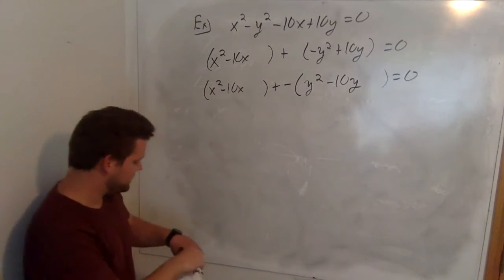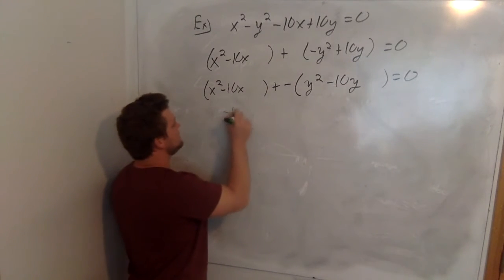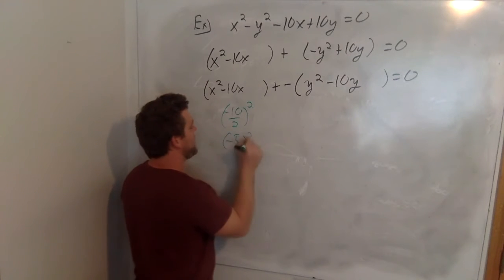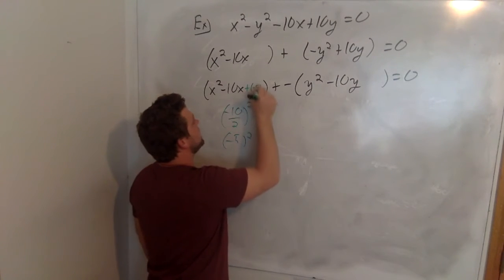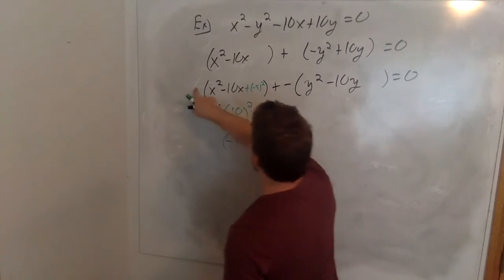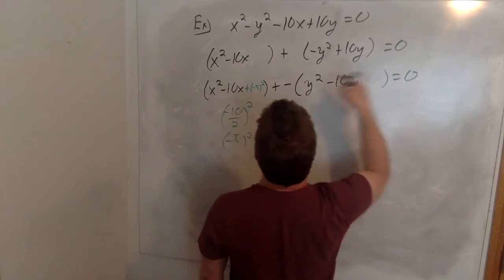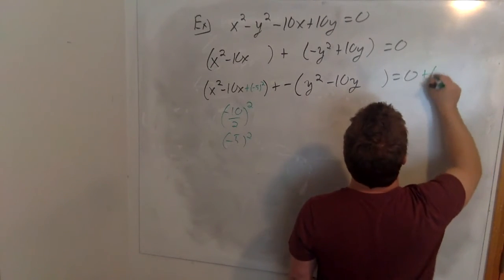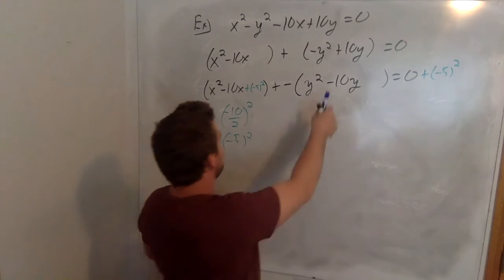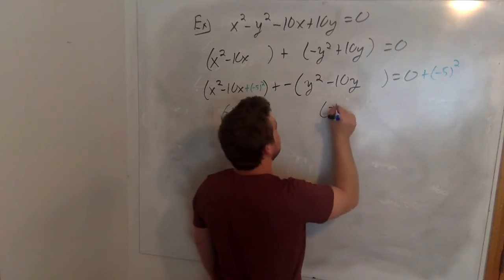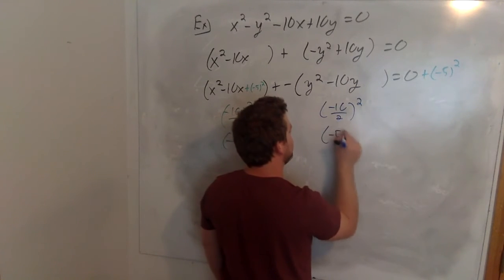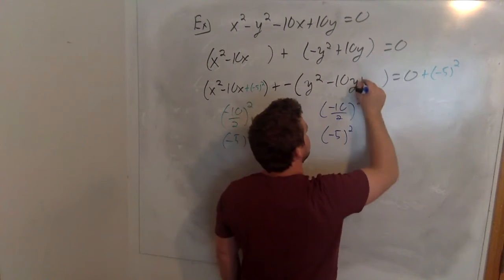Over here, we would need to take that -10, cut it in half, and square it. So we'd want to add a -5 squared on the left-hand side, which means in this case we'd be adding a 1 times -5 squared to the right. Over here, we'd also be taking this -10, cutting it in half and squaring it, so we're going to be adding a -5 squared here.